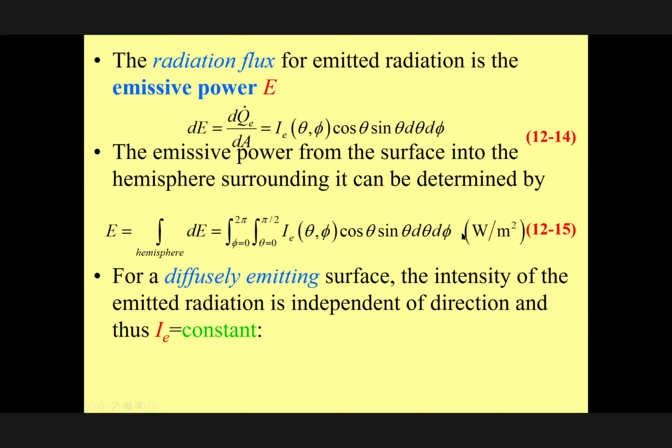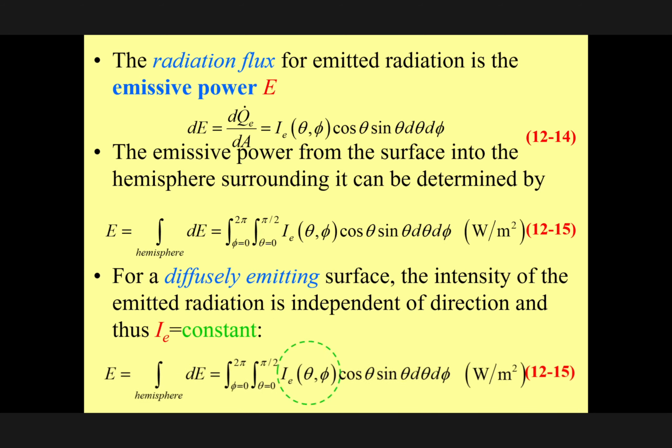But in our application we are assuming it is constant, it's not a function of angle. For some material it is a function of angle, but for the case that we are assuming an ideal black body, it's not a function of angle theta or phi. That's exactly the simplification that we are making in our calculation. Therefore, for our case, this is constant.